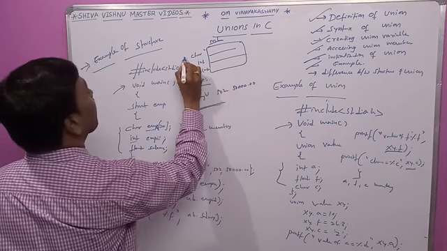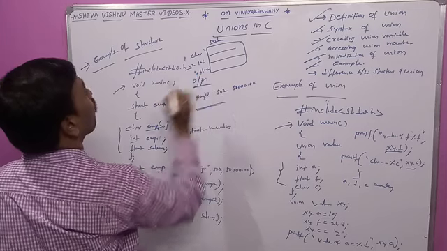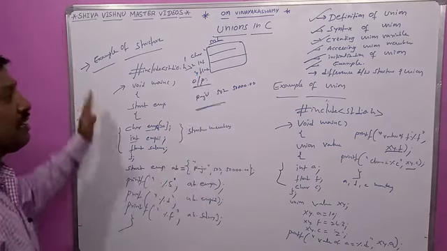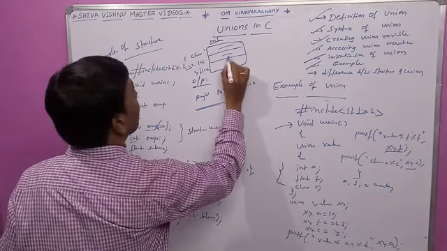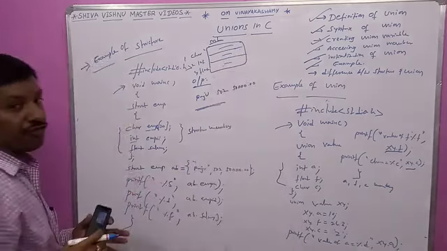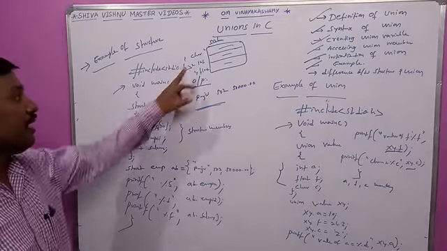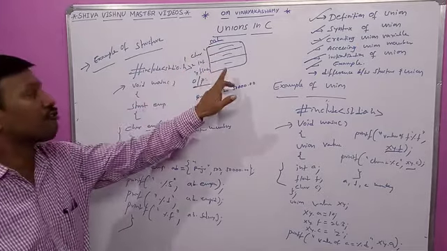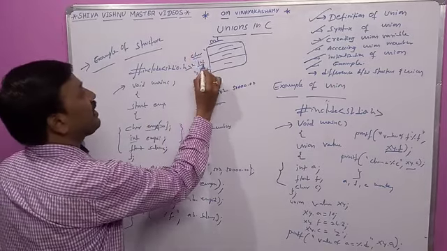Character size is 1 byte, integer 2 bytes, float 4 bytes. In structure, data will be allocated at a particular location, like that. Here you can see this is the memory location of the structure. Here you can see the character, int, float.